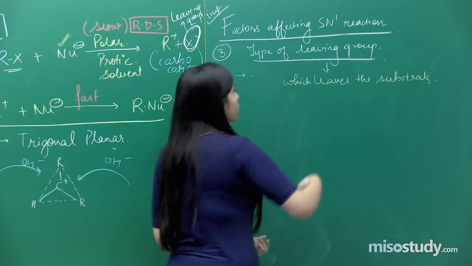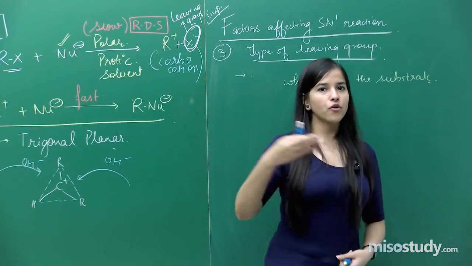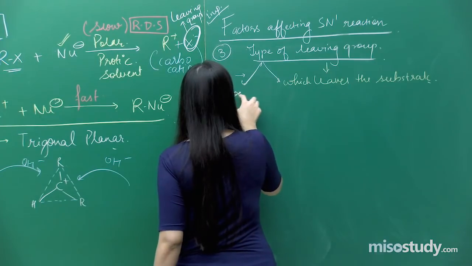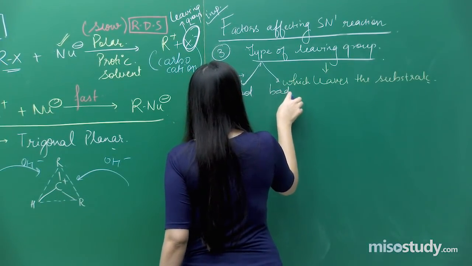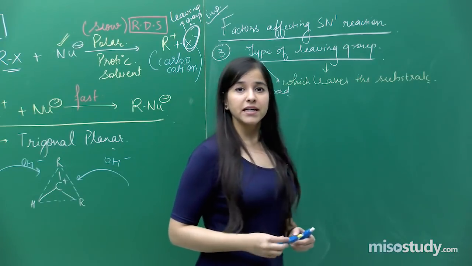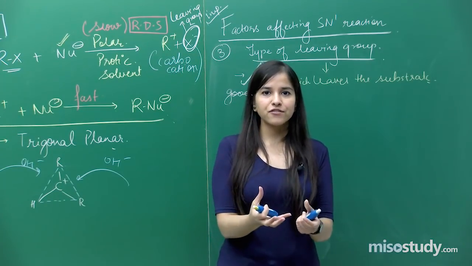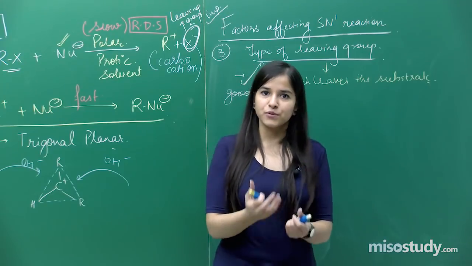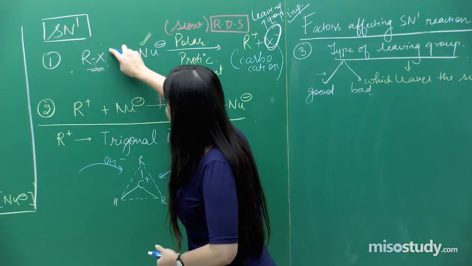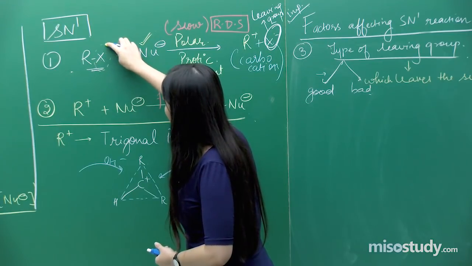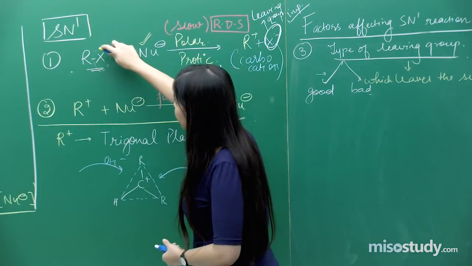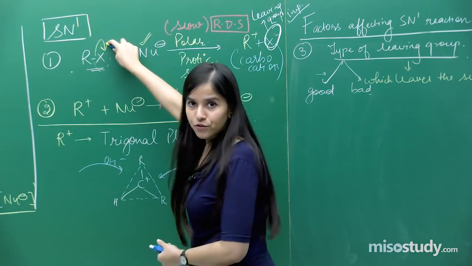The type of leaving group means it could be good or bad, right? So the two types could be good and bad. How can we judge that? A good leaving group basically is one having enough space within it. Can you observe something over here? This X, when it tried to leave from the main substrate, it took all the electrons with it, right?